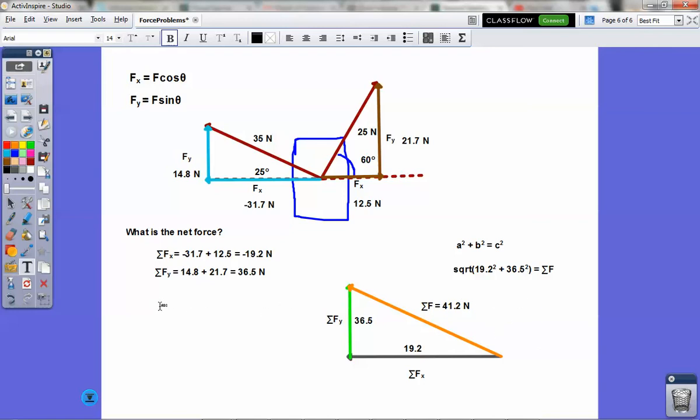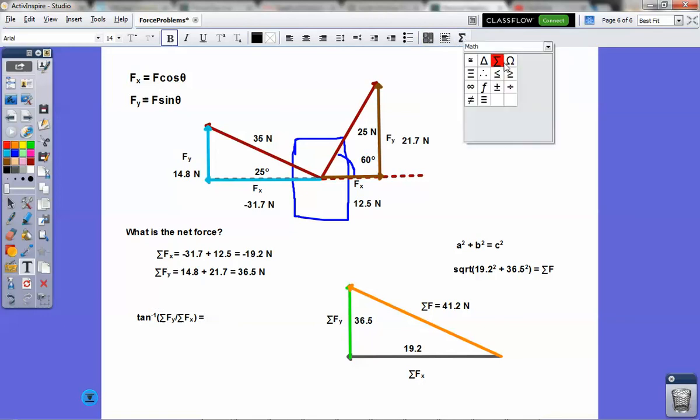The most efficient way to do that, and I'll write a formula for you, is the inverse tan of the net force in the y direction divided by the net force in the x direction. Why? Because the inverse tangent is opposite over adjacent. So if I did this, that would equal the angle that the resultant force is at.